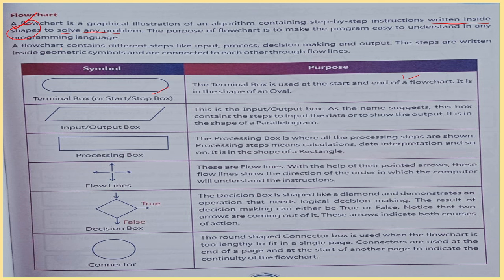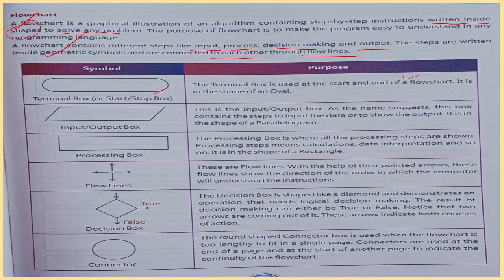So a flowchart is a graphical representation containing different steps like input, processing, decision making, or output. These steps are written inside geometrical symbols and connected with each other through flow lines.